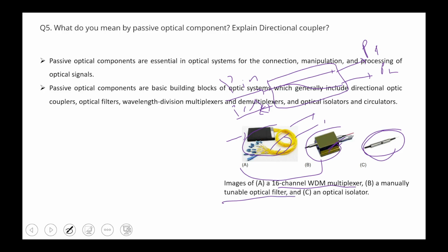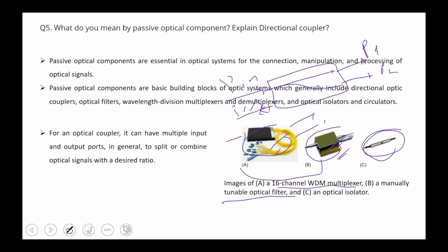This is tunable, we can tune the frequency. You know, these components are commercially available in the market, and people are using them nowadays. You do not only need the basic principle, you can see from the image and identify which optical component is used in the line, or where you are using it in the company. If you are working in an institute, you also have to explain to students that these are real images of the components we use in optical communications.